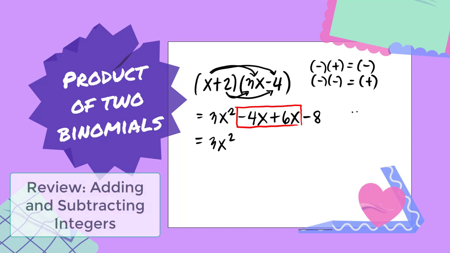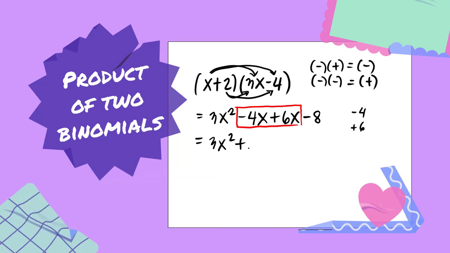When we say negative 4 and positive 6, which one has a greater value? It is 6, right? Therefore, the sign of the answer should be positive. What you do for negative 4 and 6 is subtract. So 6 minus 4 is equal to 2. That is why you end up with the answer 3x squared plus 2x minus 8.